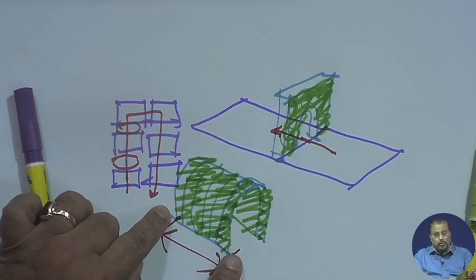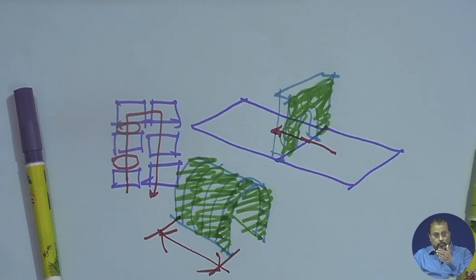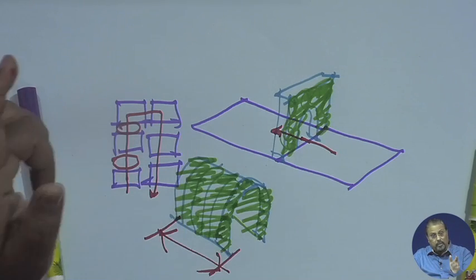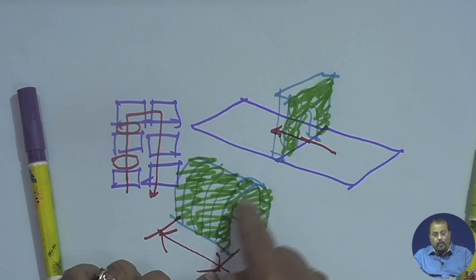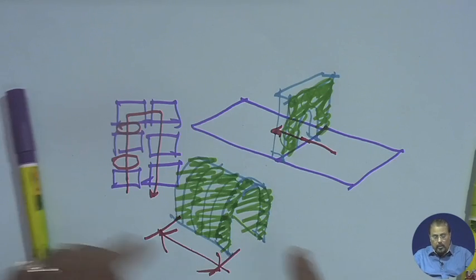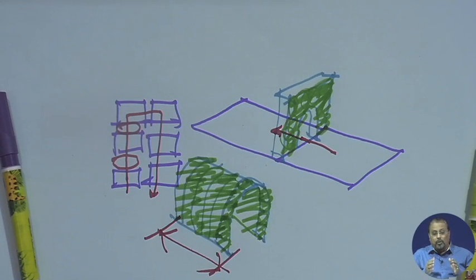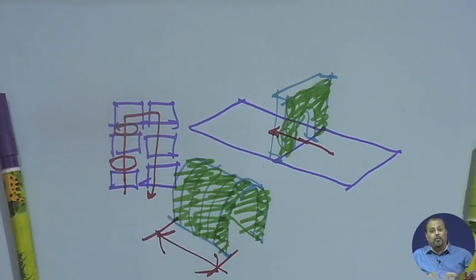In between that particular zone, it may be a single plane or it may be a space like this with a depth. Depending on what height, what width, how many people are passing through, what kind of treatment you have given over here, all these will make a big difference. So this is the kind of experience which I am saying that you should have when you are passing through a particular space.